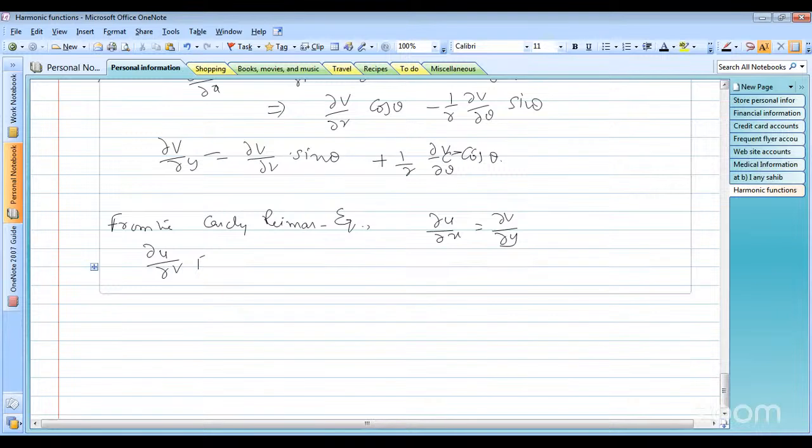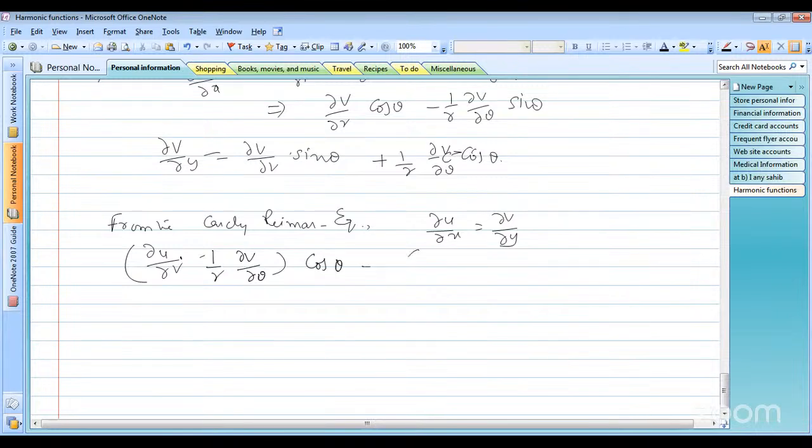This is a common factor I am taking here. This is cos theta, minus dou v by dou r plus 1 by r dou u by dou theta into sin theta is equal to 0. So this is the sin theta part equal to 0 we are taking here.